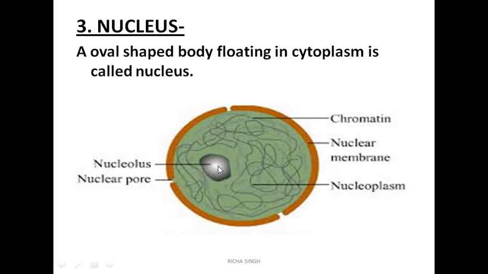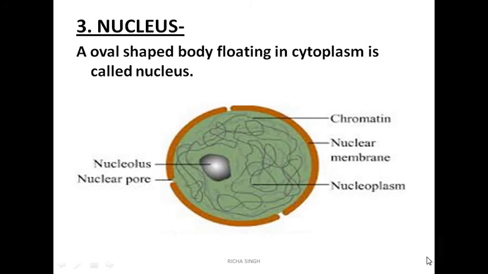It contains ribonucleic acid, which is required for the synthesis of protein. Then you can see chromatin. These are thread-like structures made up of DNA, and they contain genes, and genes are responsible for passing genetic characters from parents to the offspring.